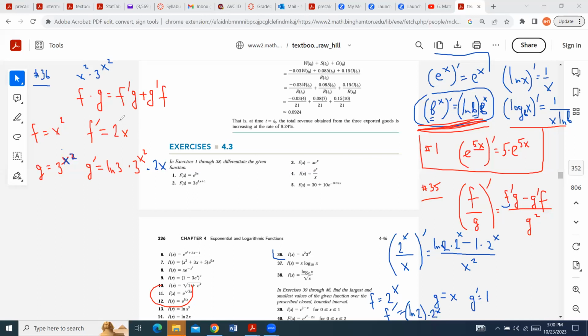So now it's time to set up this structure. So let's do this. What is f prime? Well, that one is nice. It's 2x. And then I just take function g, and that's my 3 to the power x squared. That's a good start. Now plus, now I need g prime.